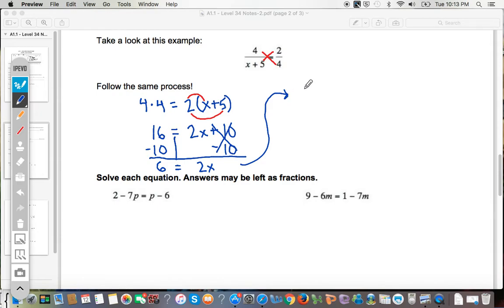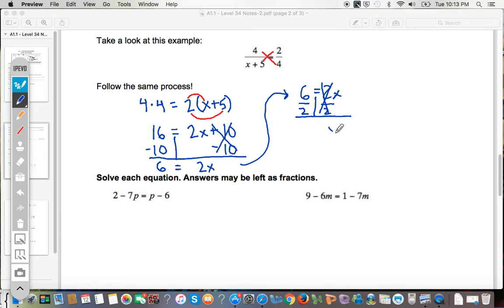So let me just rewrite that. 6 equals 2x. Awesome. I'll make another t. So divide by 2 on this side to get the x by itself. Divide by 2 on the other side. So our 2's will cancel.